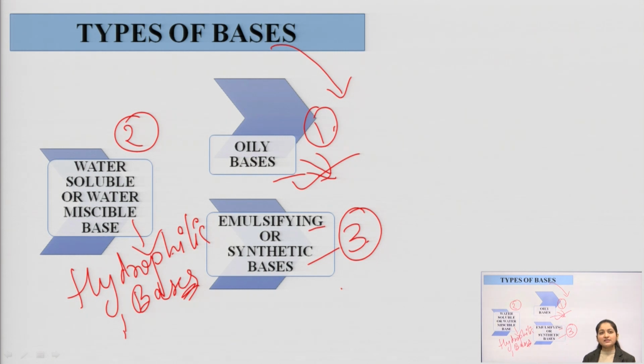Emulsifying and synthetic bases can also be used when the medicaments are amphiphilic in nature, having both natures, or when we have more than two bases. So, here we saw three important types of bases: oily bases, water soluble or water miscible bases, which are also called hydrophilic bases, and the third type, emulsifying or synthetic bases.